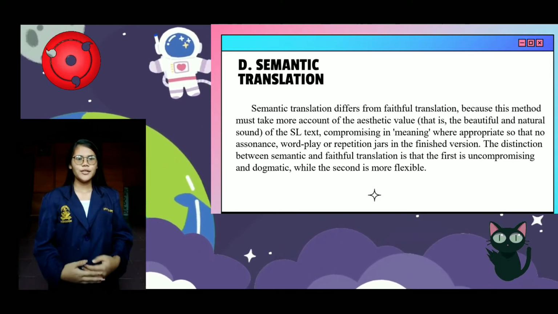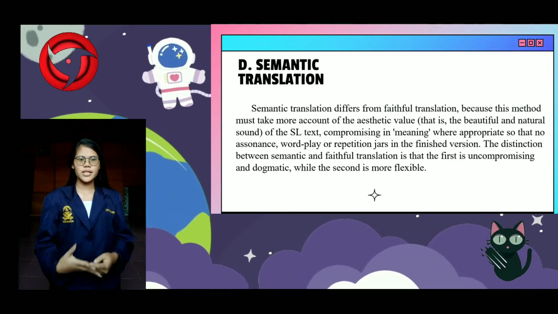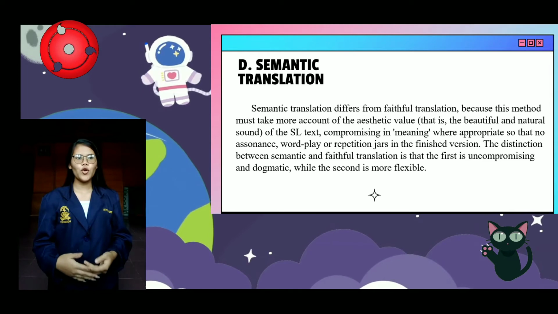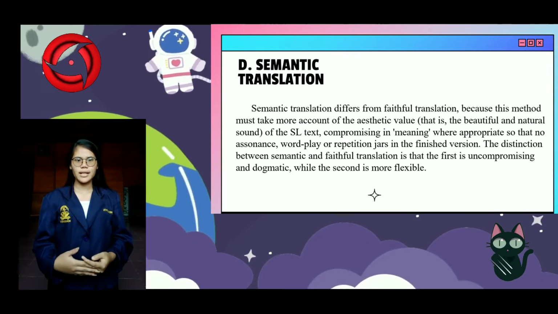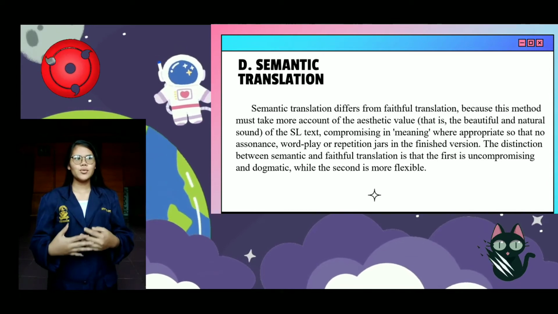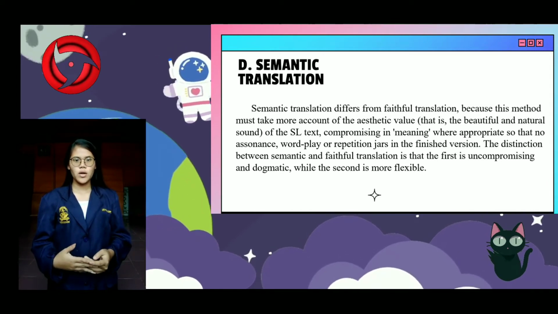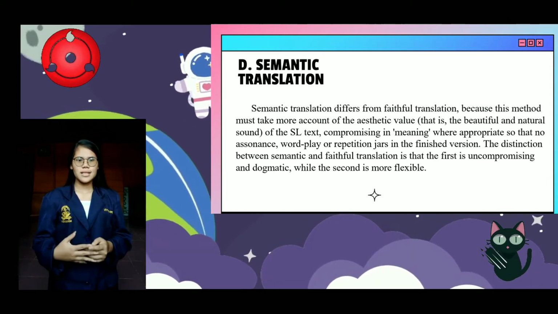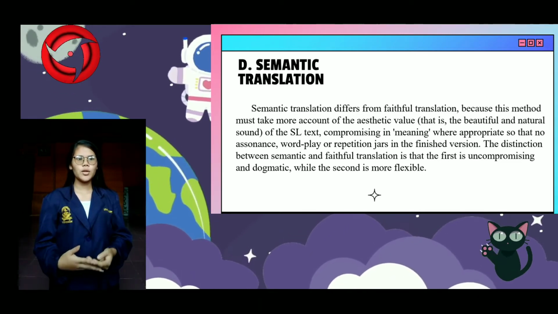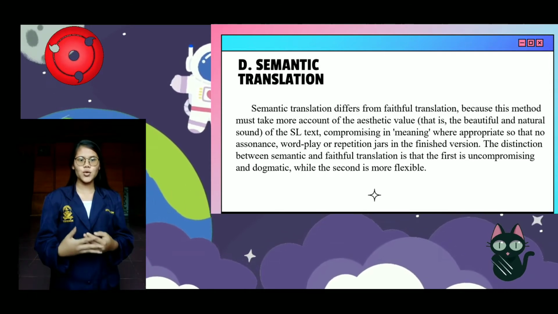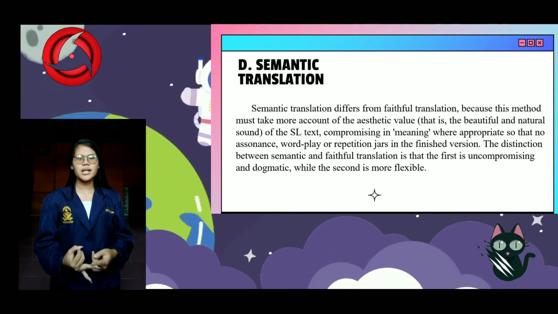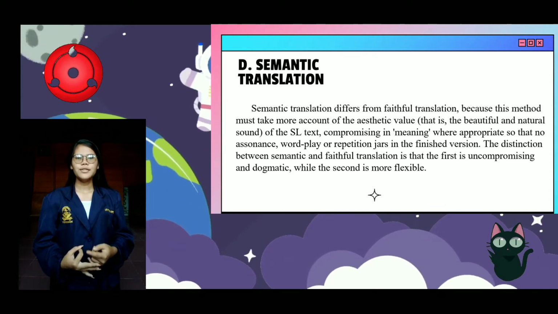Semantic translation differs from literal translation because this method must take more account of the aesthetic value, that is, the beautiful and natural sound of the SL text, compromising in meaning where appropriate, so that no assonance, wordplay or repetition jars in the finished version.